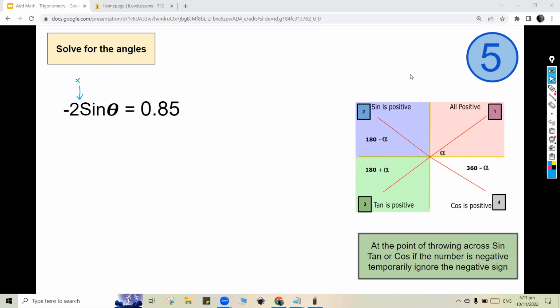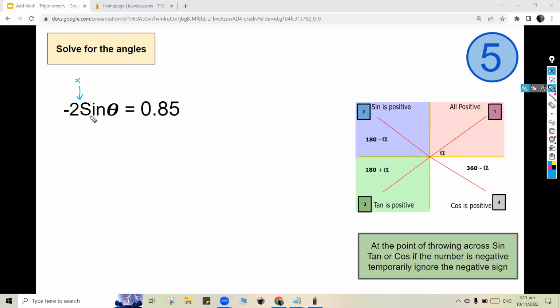Whenever we are deciding what type of question it is, we have to wait until it's time to throw across the sine, the tan, or the cosine. Only at that point in the question can we make a decision whether it's a positive type of question or a negative type of question.